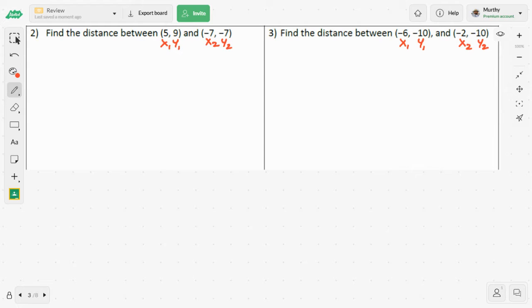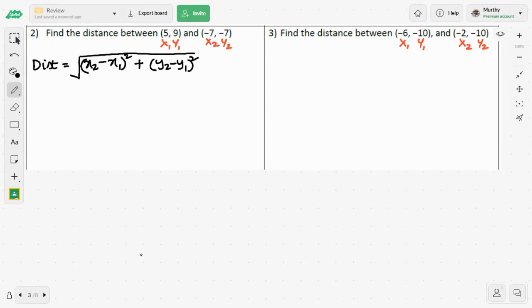Then again, as I told you before, always write the distance formula every time. Don't be lazy. So you can write x2 minus x1 whole square or x1 minus x2 whole square. Better not to get confused. Let's follow the same rule again and again. So y2 subtract y1 whole square under the square root.